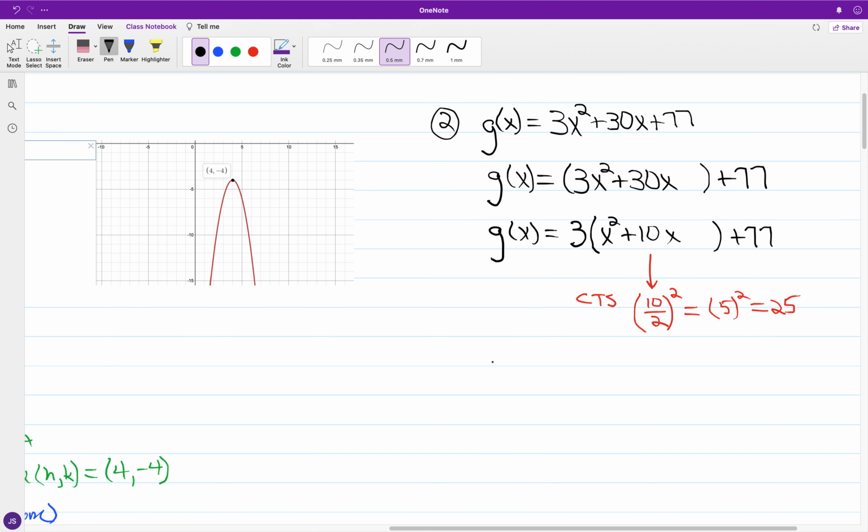And so this number will be added inside the parentheses. So you have g of x equal to 3 times the quantity of x squared plus 10x.